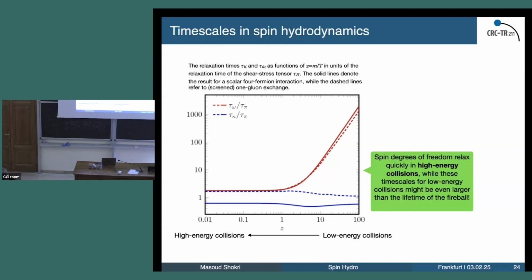This means that in a kinetic system, the relaxation time of the spin is of the same order as the relaxation time of momentum, up to some value of m.